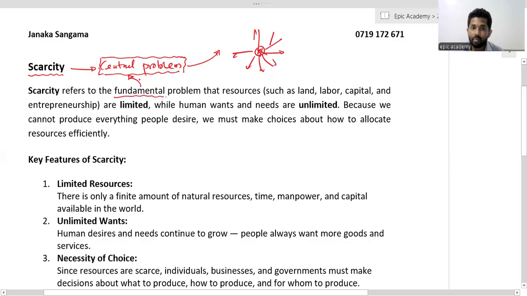So you need to identify this is not a question, it is a problem. If it is a question, there must be an answer, isn't it? Then it will be solved, no need to worry.